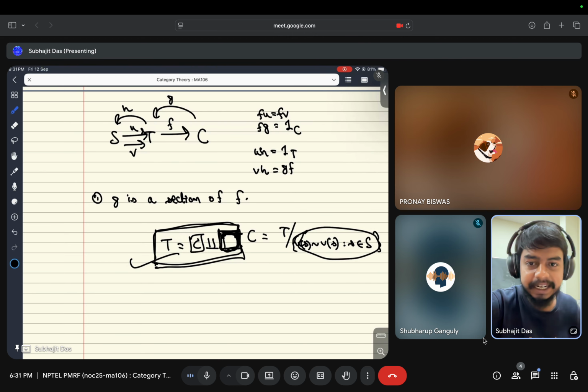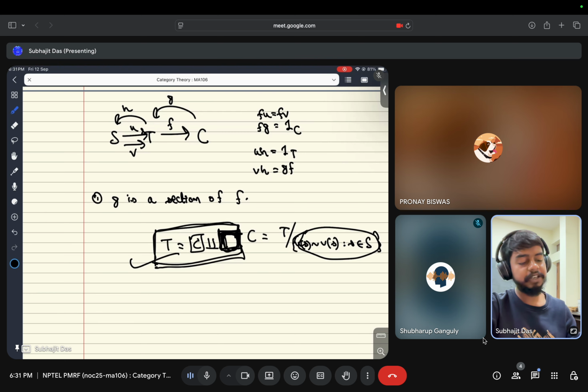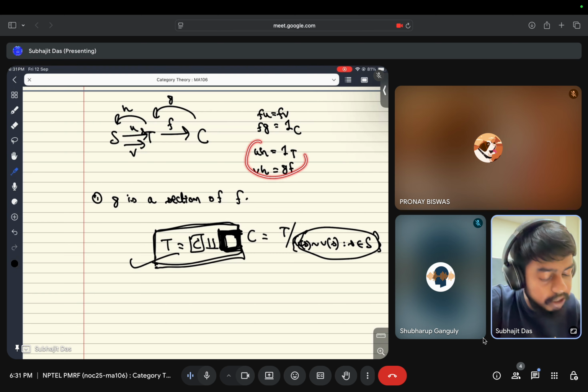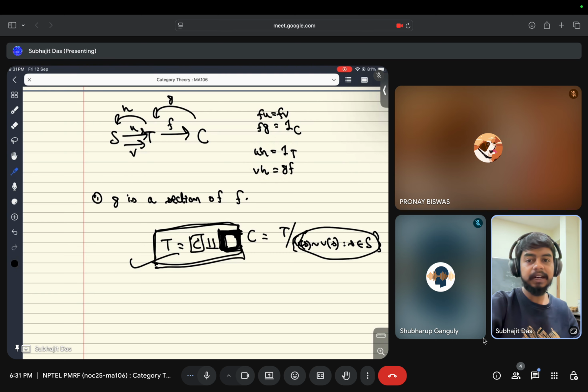Kernel makes sense, right? In any category you can just look at the kernel pair of a relation. So this will exactly be the kernel, as I suspect. And I don't really know what these extra conditions on H and U and V mean right now. Maybe that needs some more work.